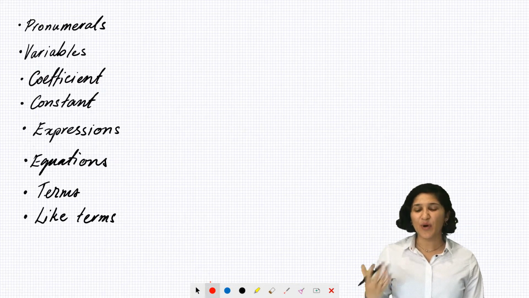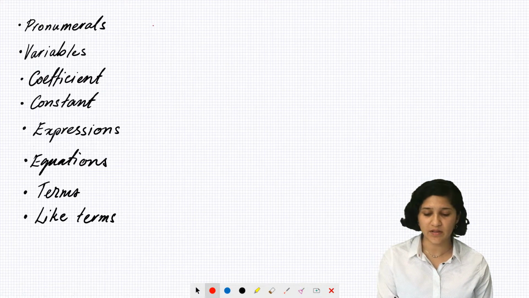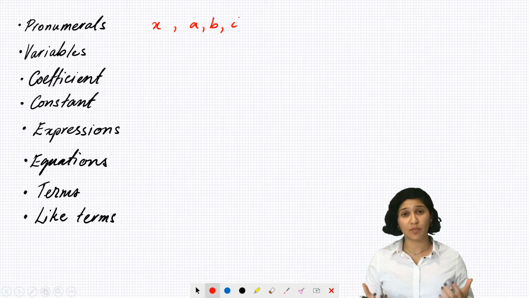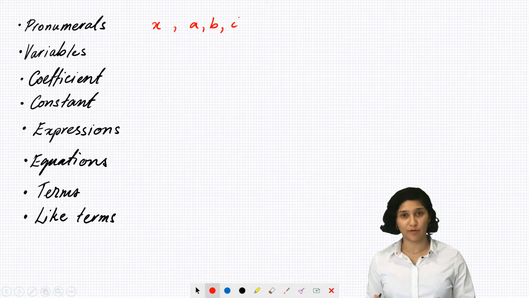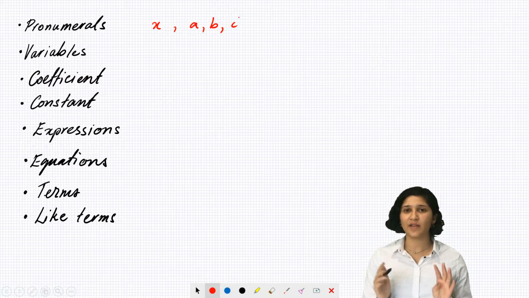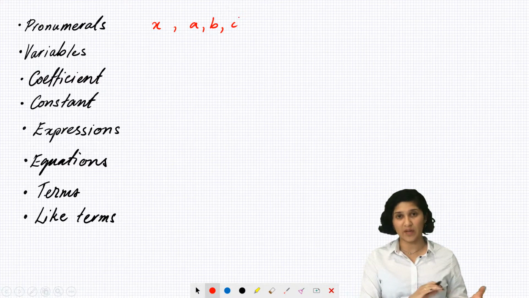Okay, so pronumerals are the letters that we use to represent numbers. So x or even a, b, or c. It's any letter or symbol that we're using as a placeholder for a number. The important thing to understand is that the reason we use different pronumerals is that each letter represents a particular number.